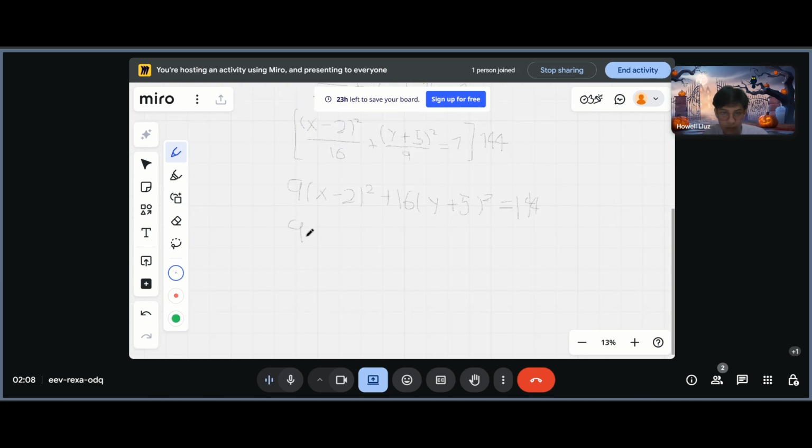So 9x² − 4x is 4 plus 16 to 5² plus 1 plus 25 is equal to 40.